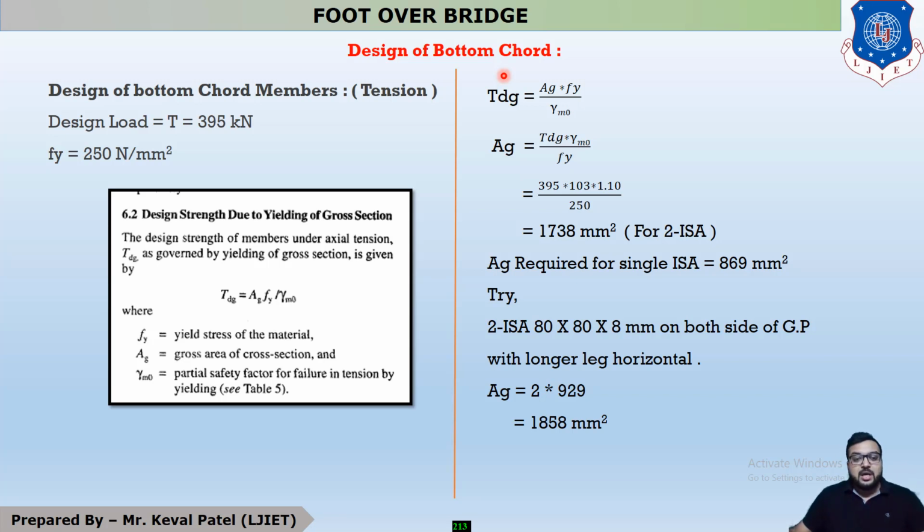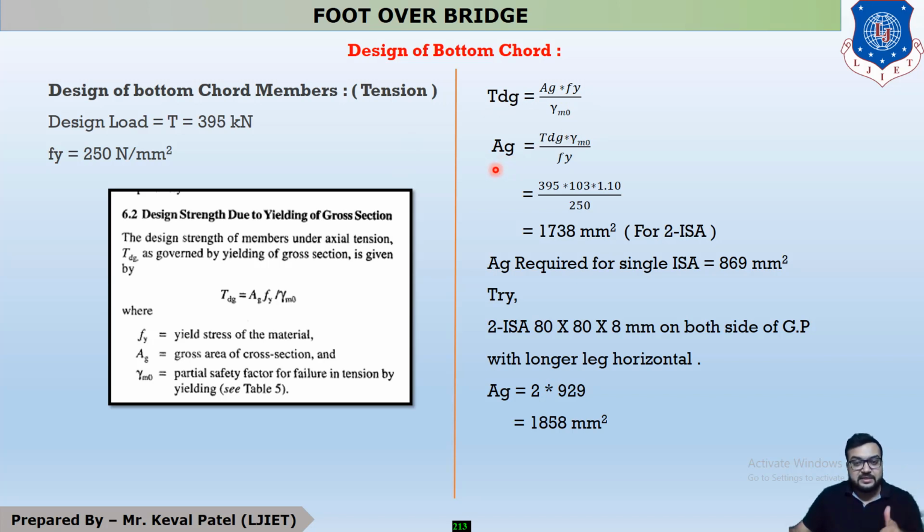The first one is strength governed by the cross section, for which you use the equation given on page number 32 of IS 800 2007. The equation is TDG equals AG FY by gamma M0.